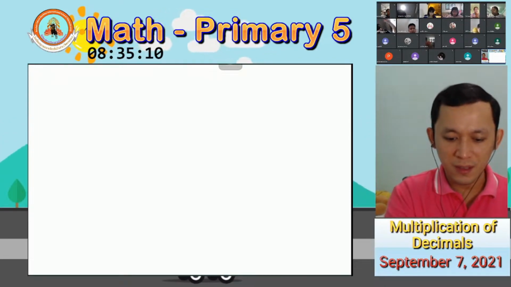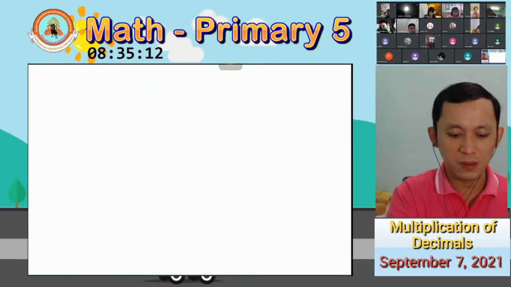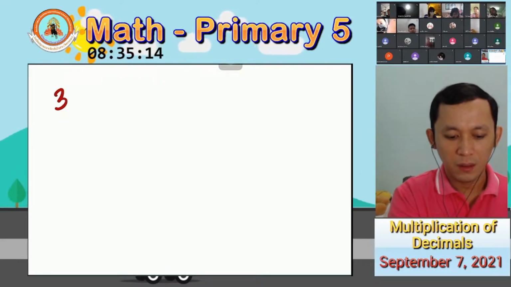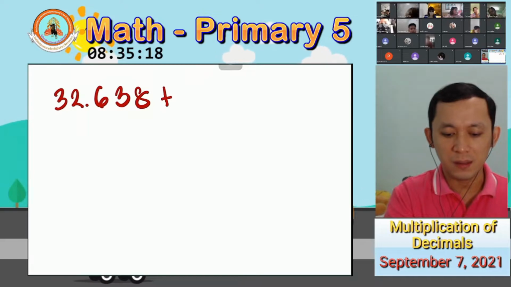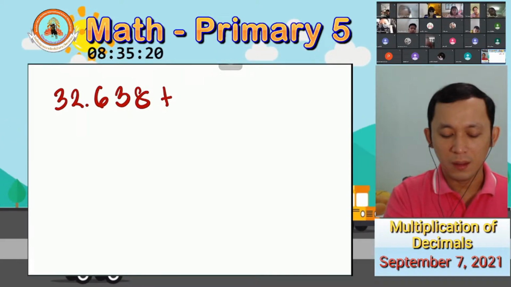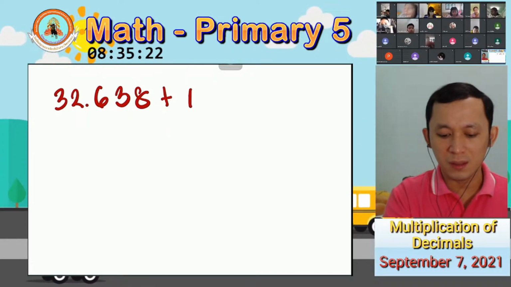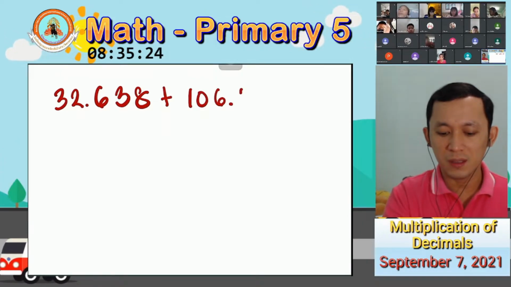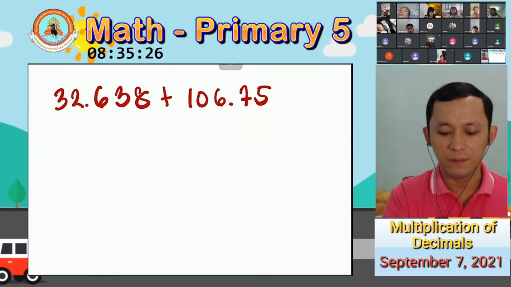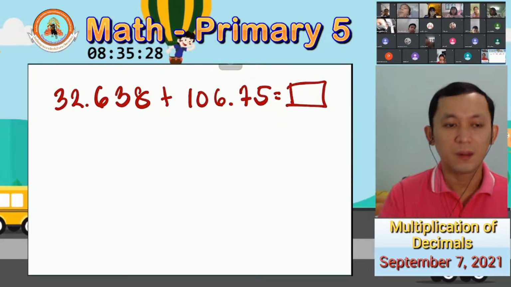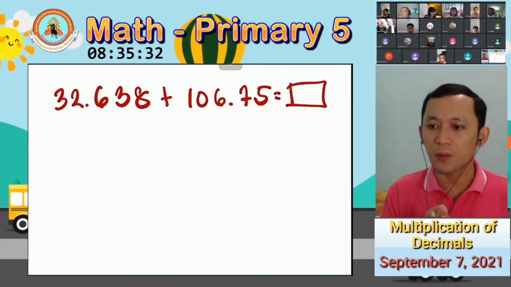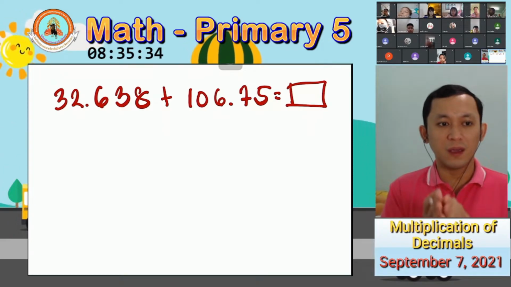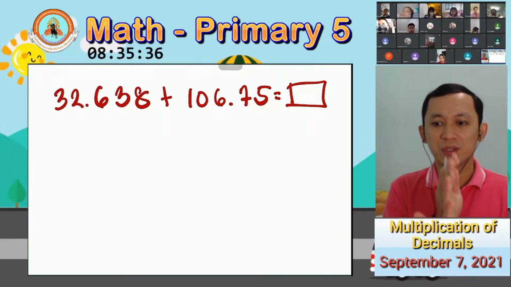So for example, we have 32.638 plus 106.75 is equal to blank. Again, we make sure that our decimal points are aligned, they are straight.